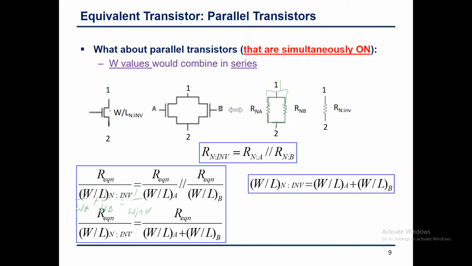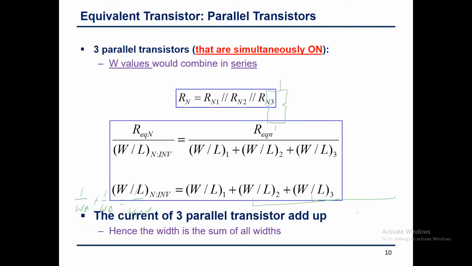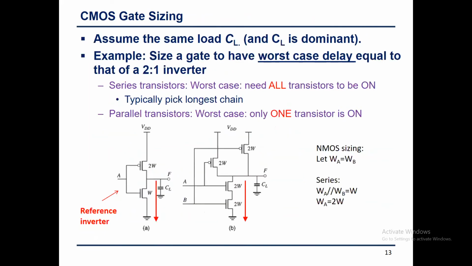This is all that this slide is saying. If I have two parallel devices, it is as if I have one bigger device. Okay, so they add up to one bigger device. But the sizing and the delay, we typically deal with the series resistance, because we start with a stack of inverters.